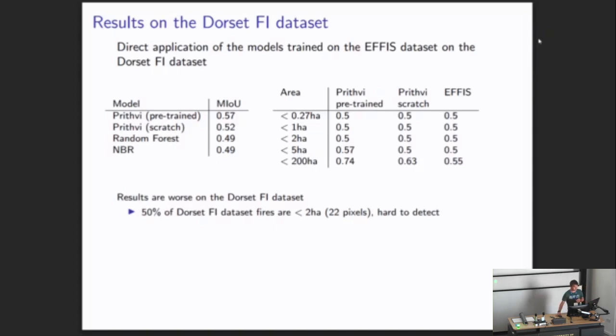And you can see that when we only look at the biggest fires on the Dorset Fire Intervention dataset, the performance really increased, and PRIDV is really outperforming also the EFIS detection that only detected 3 of these larger wildfires.